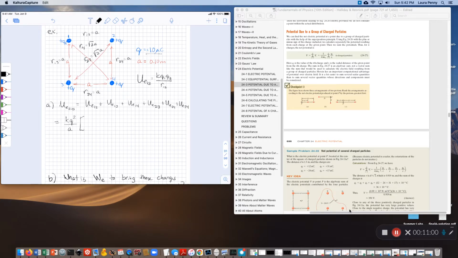So if I look at this, UE12 is going to have k, q times q divided by a. And so this is just 1 times this term that I brought out. 1,3 is also q times q divided by a, so that's another 1. But when I get to 1 and 4, I have k q squared, but I need to divide by the square root of 2.